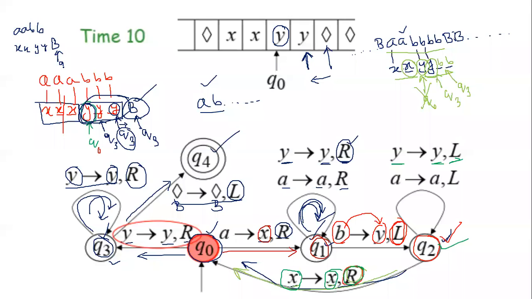Your current state is Q3, so you will make a left move, so that at the end, when you are in Q4, you point to the last character of the string, not the blank character, because blank has no existence in my original string. Am I clear?